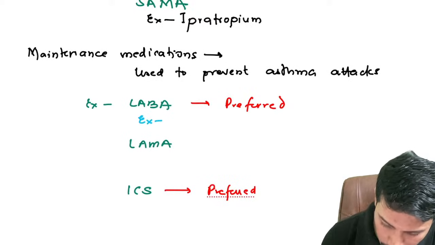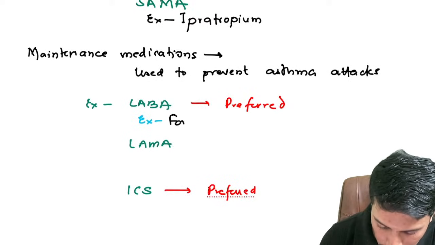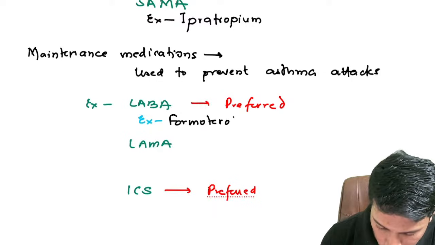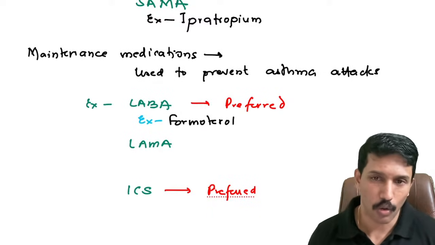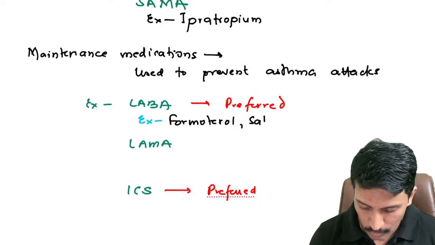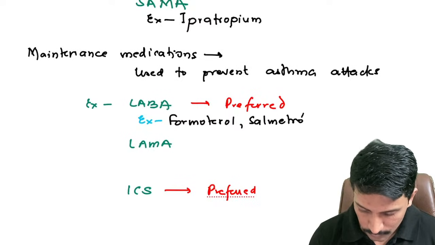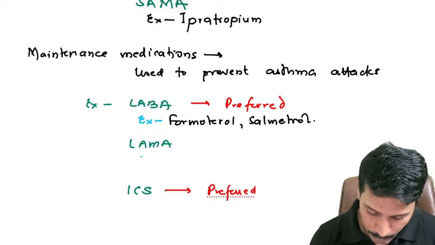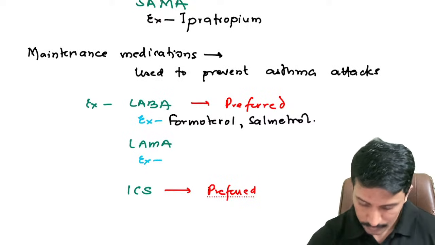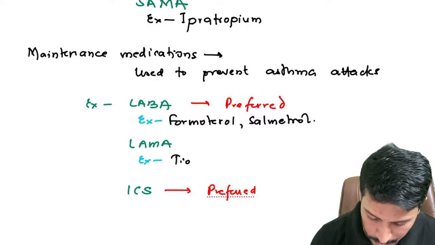The examples for LABA: formoterol, which is a rapid onset long-acting beta agonist, and salmeterol. These are LABA. And an example you can write for LAMA is tiotropium.